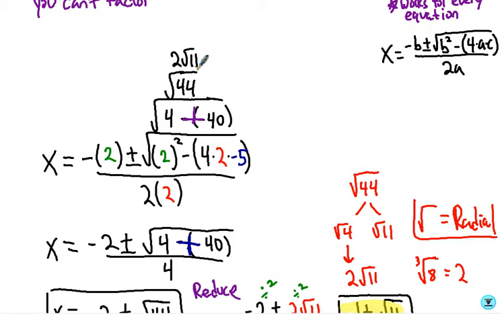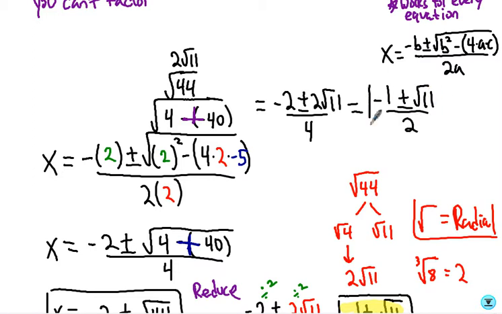So you notice that I got to the end without having to rewrite any of this stuff. So then I could just simplify it and say, -2 plus or minus 2 radical 11 over 4, which reduces down to -1 plus or minus radical 11 over 2.